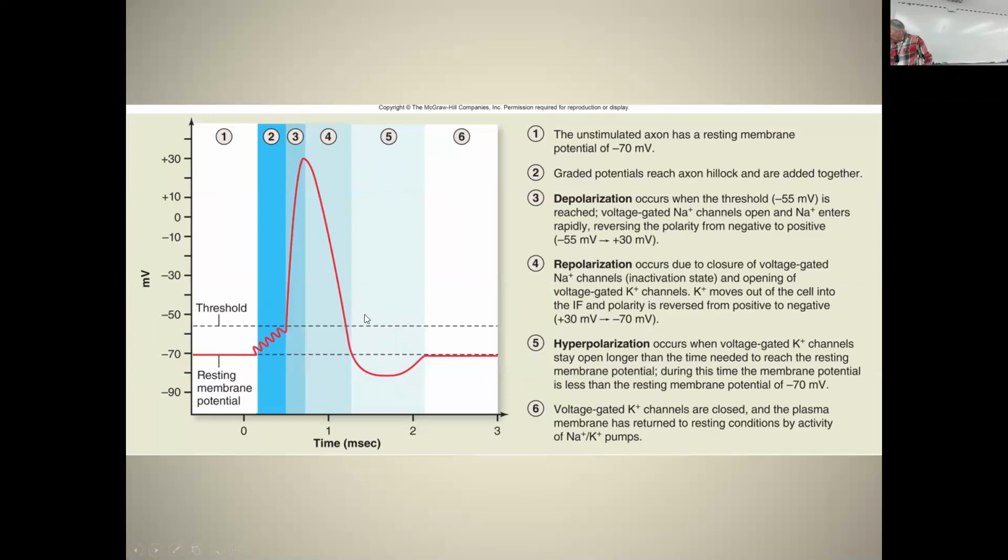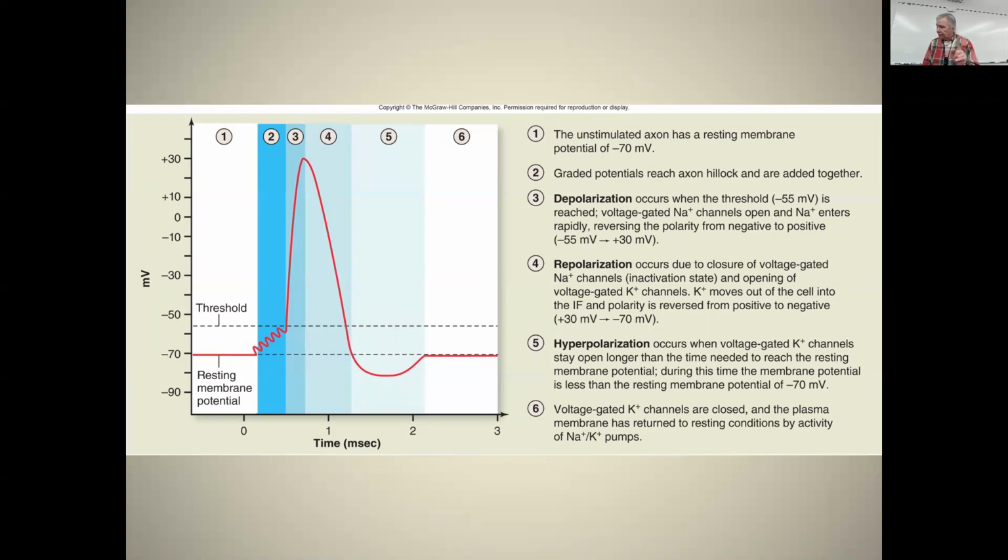And when the membrane potential gets back to minus 70, sodium gates change from inactivated to just closed. And remember what the difference is. The difference between inactivated and closed is that closed, you could reopen them.